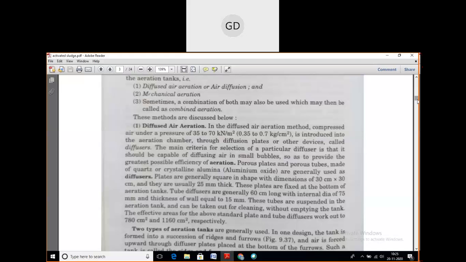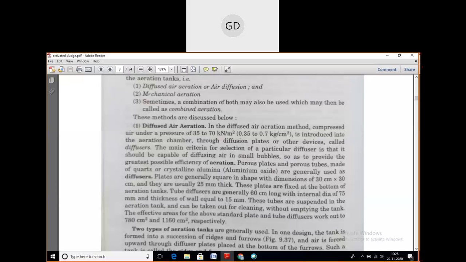These plates are generally square in shape, with a dimension of 30 centimeter by 30 centimeter, and they are 25 thick. These dimensions are given for the whole diffuser. You can see that these tube diffusers are generally 60 centimeter long.